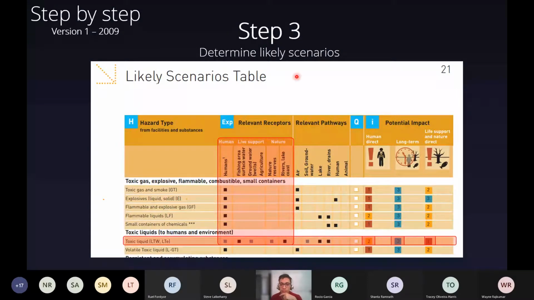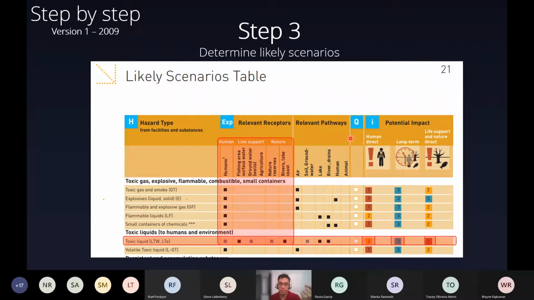Here, depending on the classification, like GT, LTE, this little code we got from before, we can see the relationship between the relevant receptors, the relevant pathways, and the potential impacts. So for example, the relevant receptors here would be human, fishing areas, surface water, groundwater, agriculture, nature reserves, rivers, lakes, or coasts.